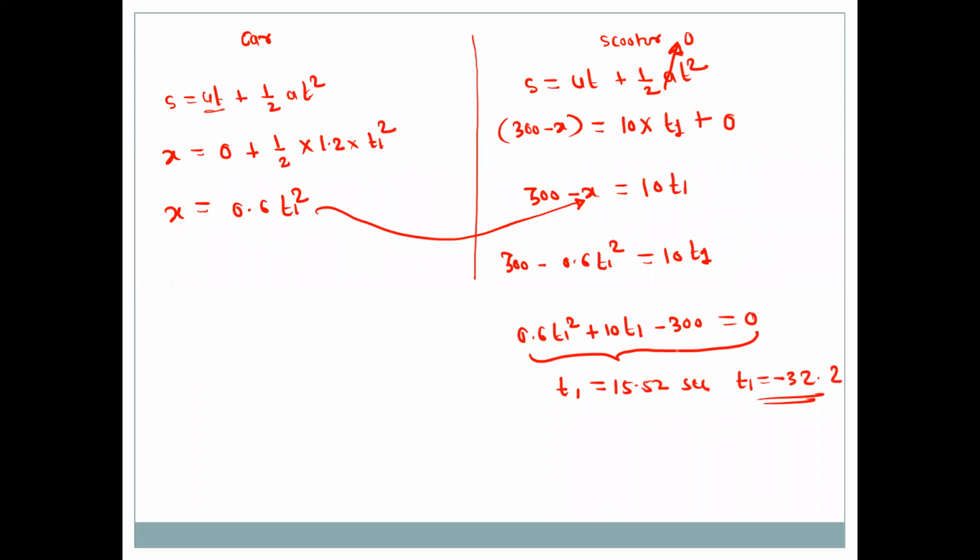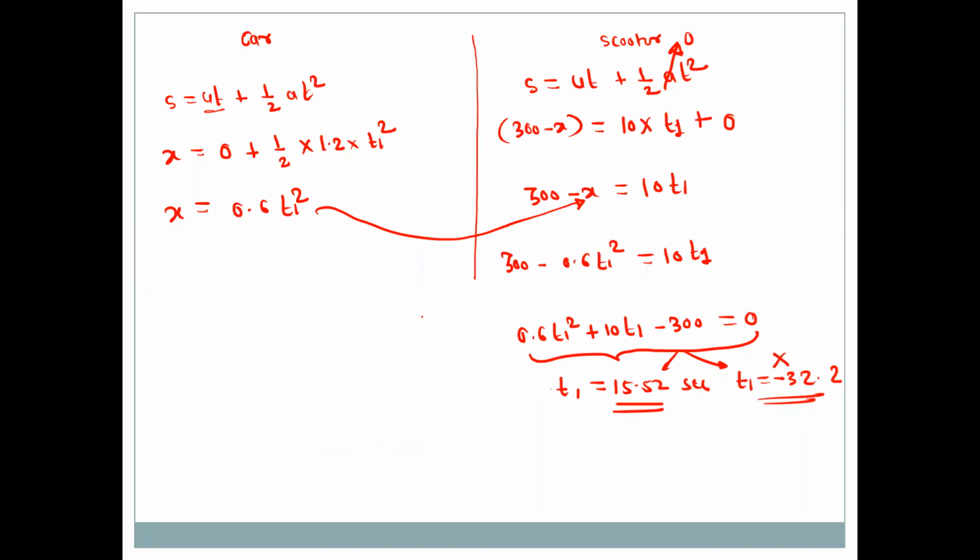As this is a quadratic equation, it will have two roots. As t1 is negative, you cannot select this because time cannot be negative. So select this as the answer: t1 is equal to 15.52 seconds.